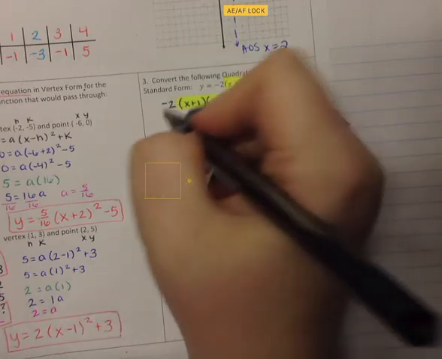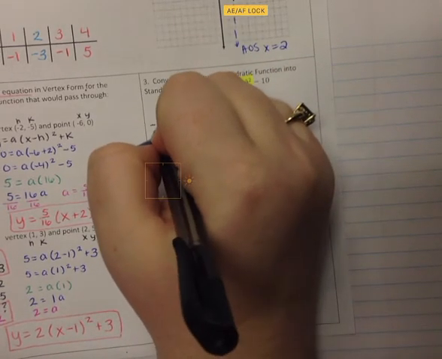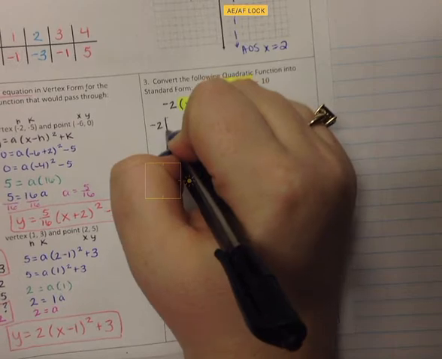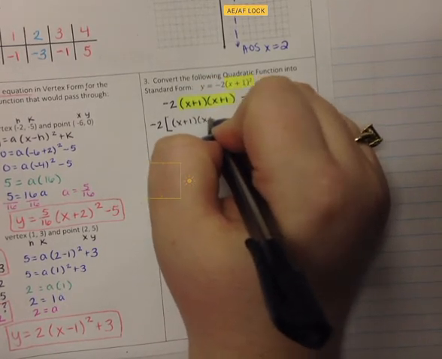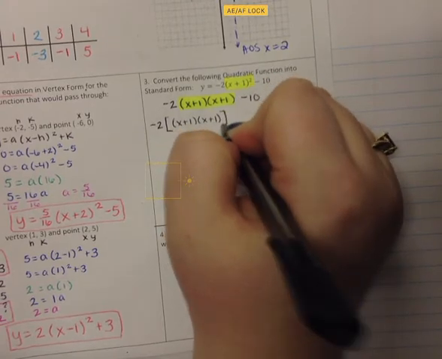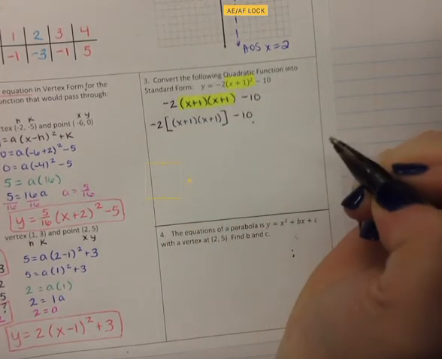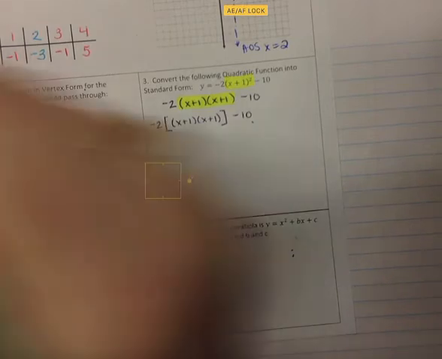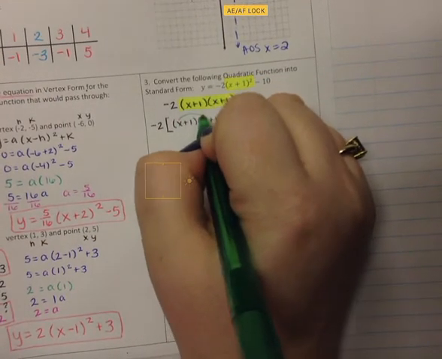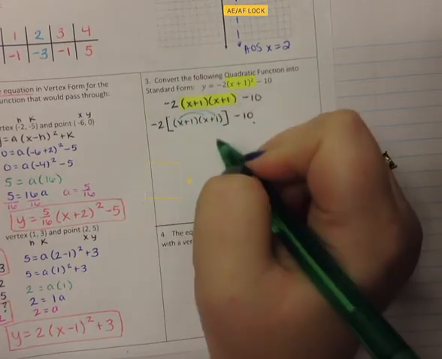So now when we do this, we have that negative 2, because we wanted to get rid of the parentheses first, and that bracket, x plus 1 times x plus 1, close that bracket, and then minus 10 on the outside. So let's focus on the inside first. We're going to distribute like we did before, x times x times 1.